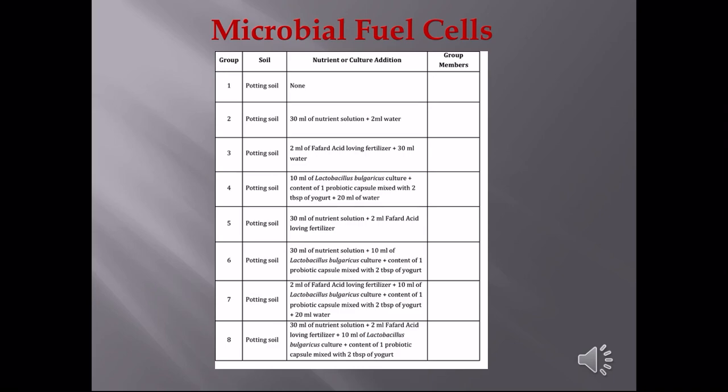These substrates were added separately and in combination with nutrient solution into the potting soil. This table shows the use of different combinations of substrate to check the performance of microbial fuel cell.